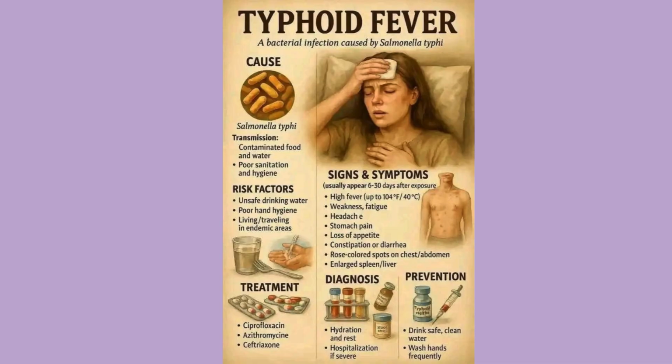Now, other antibiotics like chloramphenicol, ampicillin, and trimethoprim-sulfamethoxazole are generally no longer recommended as first-line treatment due to widespread resistance, but they may be used in specific cases where testing confirms the bacteria are susceptible. So this point is very important.